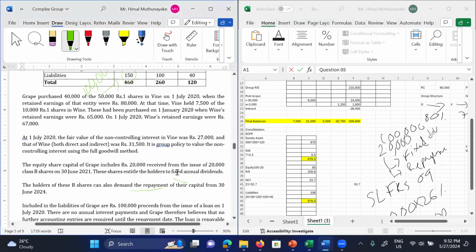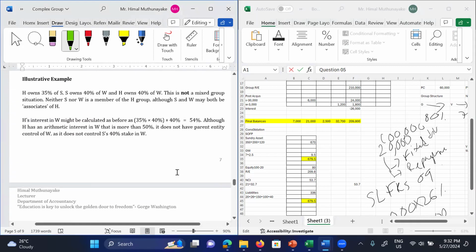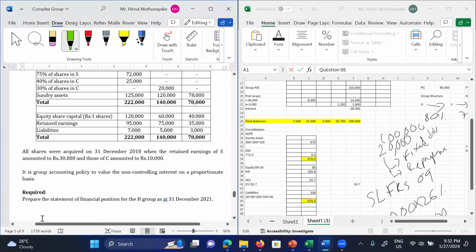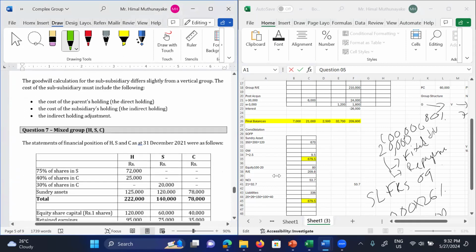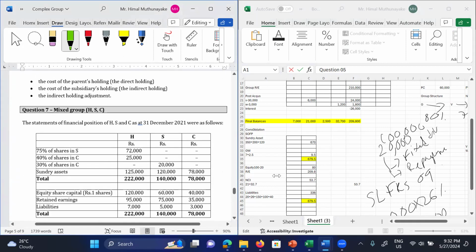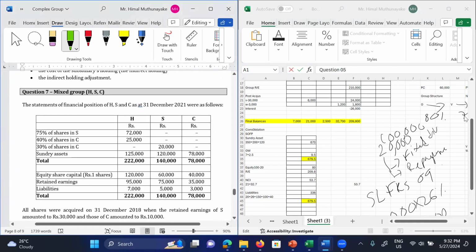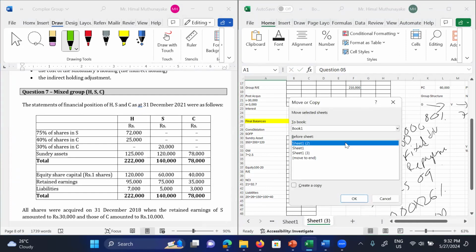Okay, I will give an example of the D shape. The only thing is the direct control and the indirect control, right? Only difference is that. I will do this question and finish off the discussion. Question number 7 in the mixed group, right? So I will take another sheet here. Try to do this while I'm creating my page.